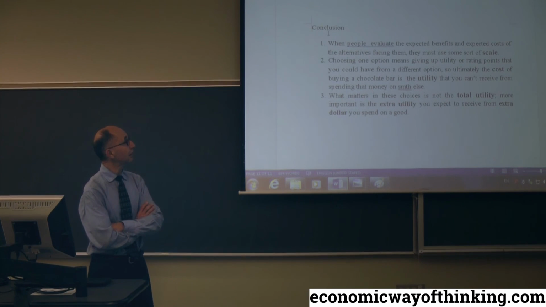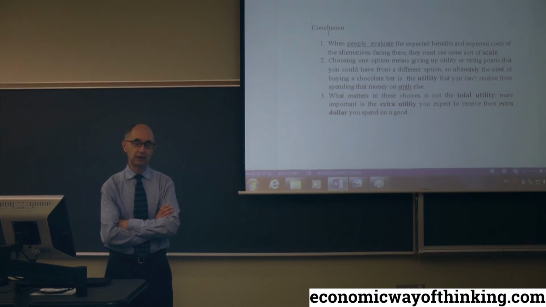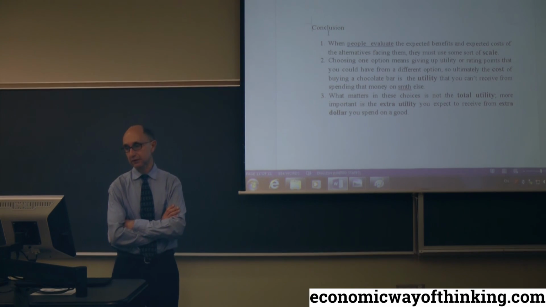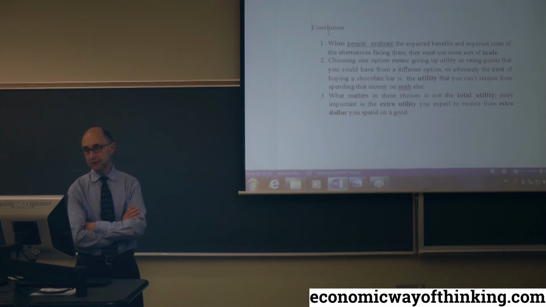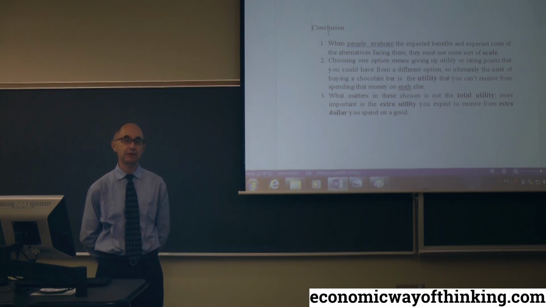Another point is associated with opportunity cost, which is very important in that process. Choosing one option means giving up utility that you could have from a different option. So ultimately, the cost of buying a chocolate bar is the utility that you can't receive from spending that money on something else.